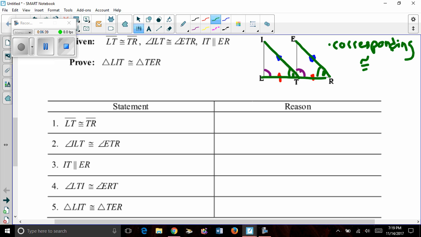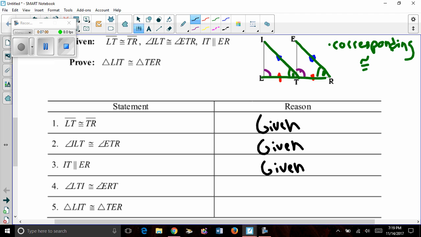Let's take a look. The first statement, side LT is congruent to side TR. Well, that was given. Step 2 is also our given. And then step 3.